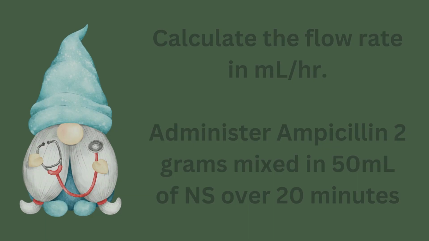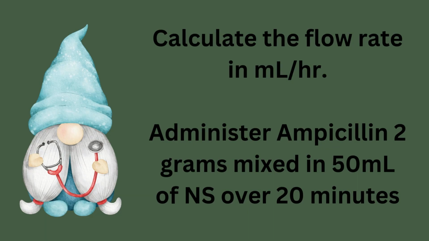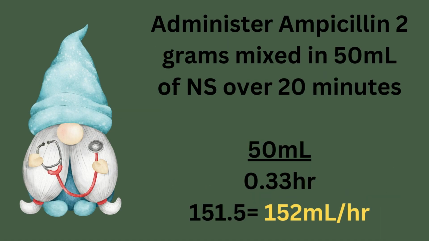Okay, let's try another calculation. Here we go. We're going to calculate the flow rate in mils per hour. We're going to give ampicillin 2 grams mixed in 50 mils of normal saline over 20 minutes. And remember from our chart, 20 minutes was 0.33 of an hour. So here we go.